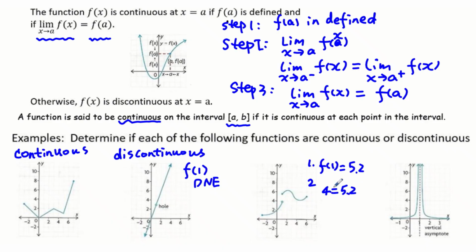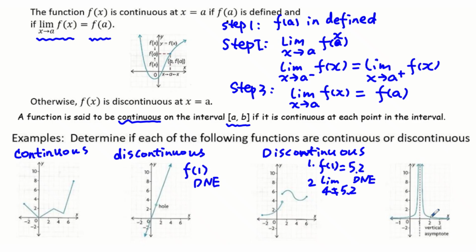They are not equal, so in the second step the limit doesn't exist. Then it is discontinuous. So we stopped at step 2.